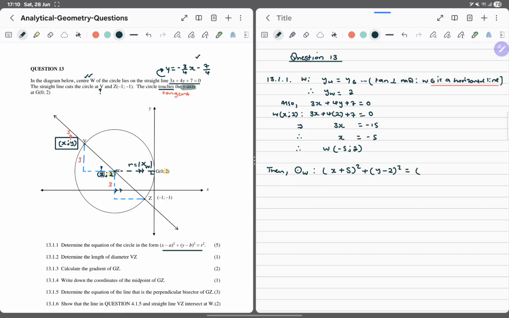Now since WG gives us the radius, we know that the x at G is 0 minus the x at W, which is minus 5, which becomes plus 5, and then we square that. So we can say, therefore, the circle W is given by (x + 5)² + (y - 2)² = 25.